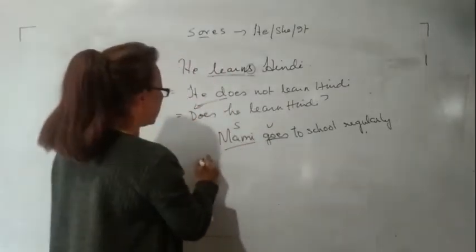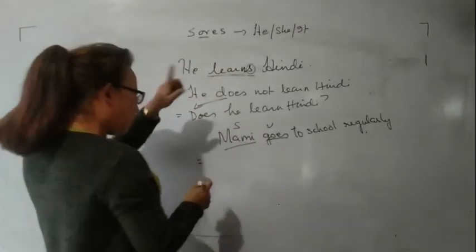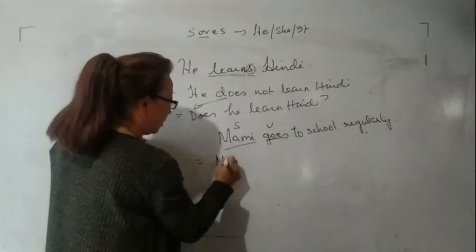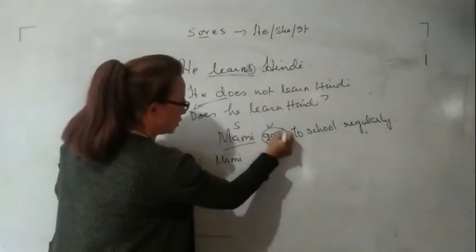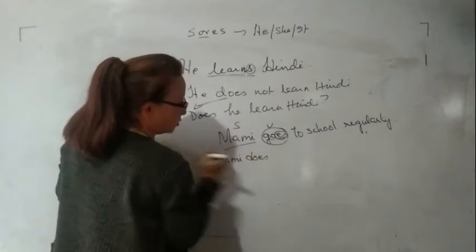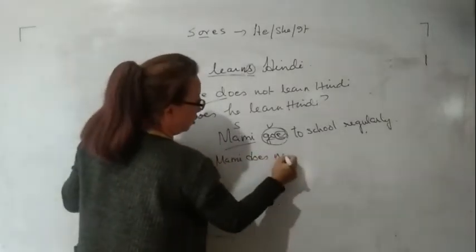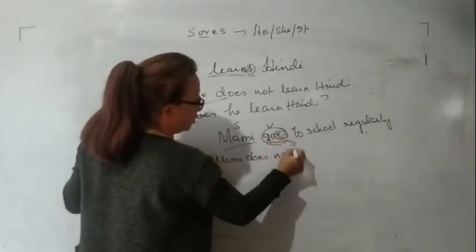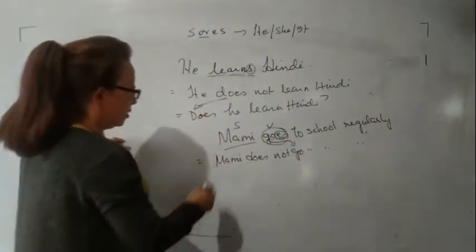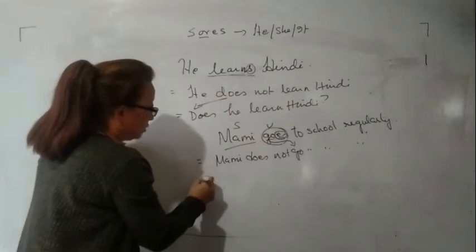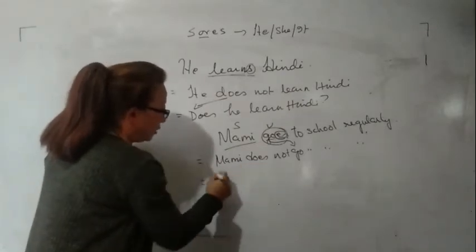So when we change this to negative, what do we have? Mommy, look, es will change into does. Then we have not. Then we have only the word go to school regularly. Let us change it into interrogative. We'll bring this forward.